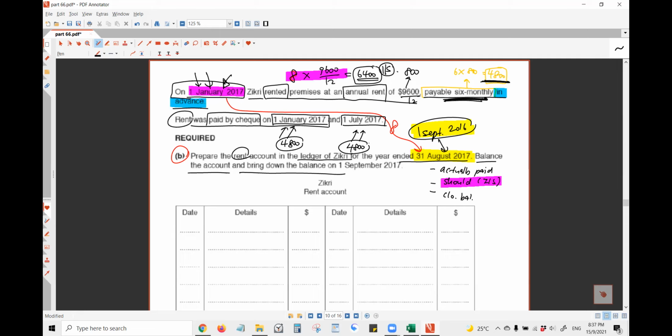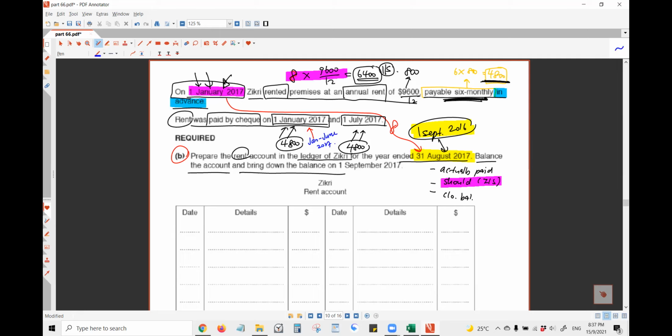Next thing to understand is for which months of rent he is paying on this day. On 1st January, the rent he's paying for is from January until June 2017, because he paid in advance.